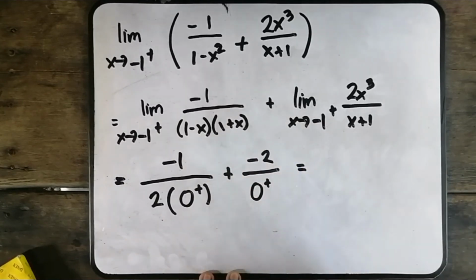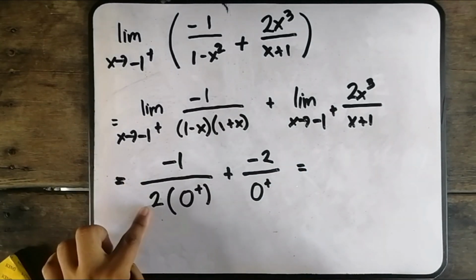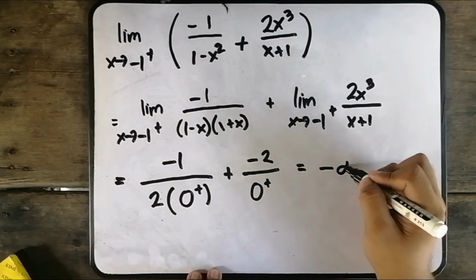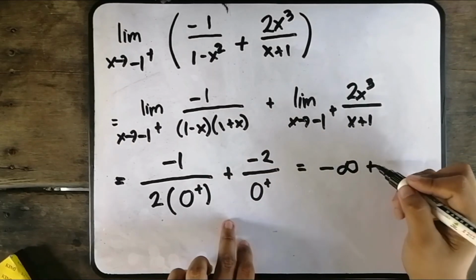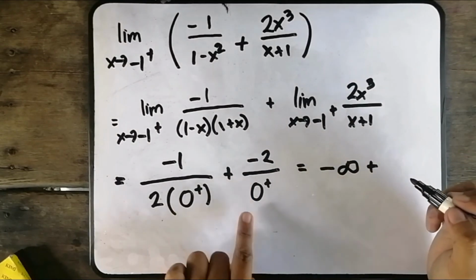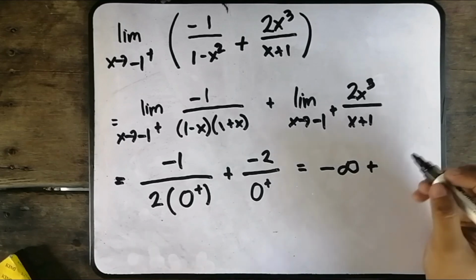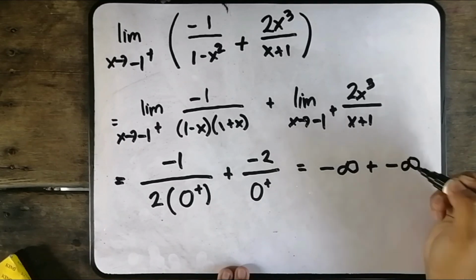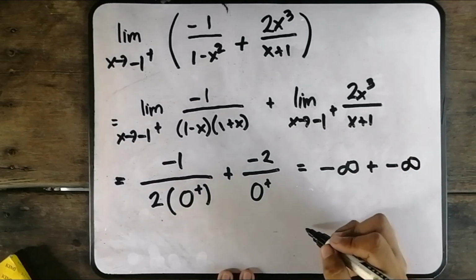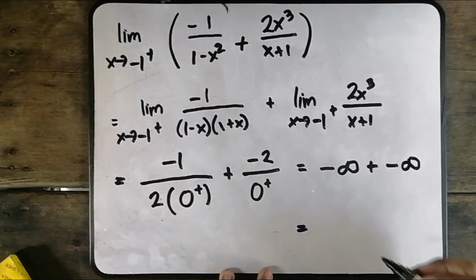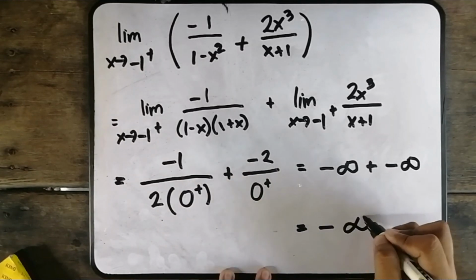So that is now equal to negative 1 over 0 positive is negative infinity plus negative 2 over 0 positive is equal to negative infinity. Or that is now equal to negative infinity.